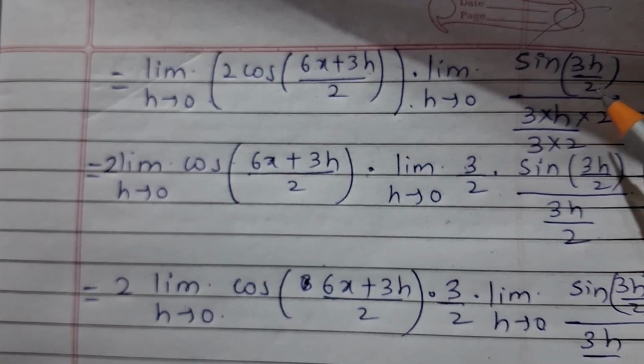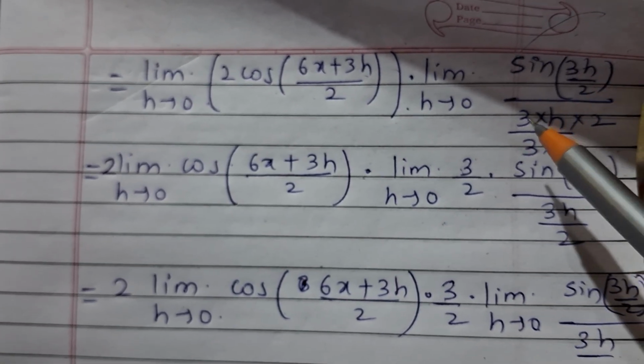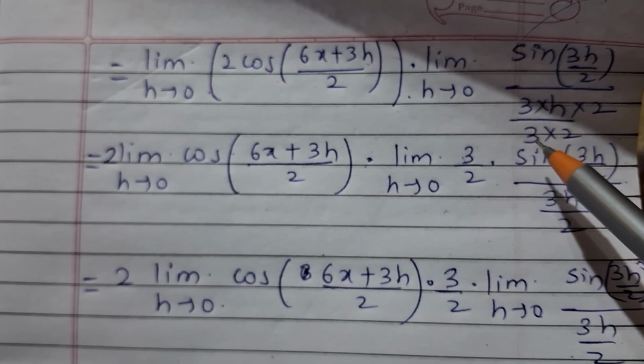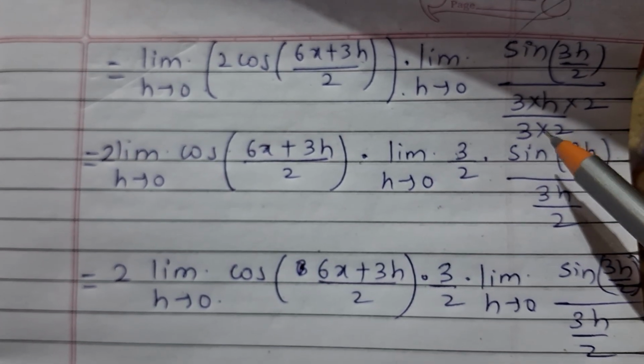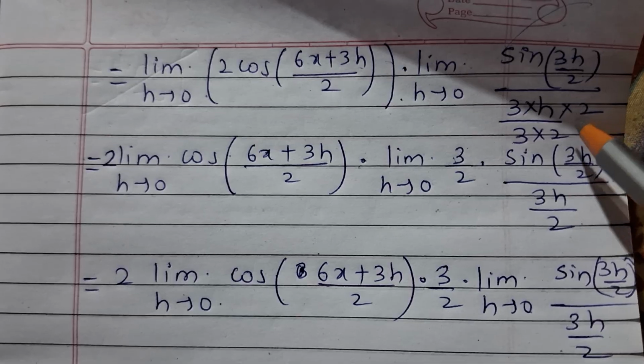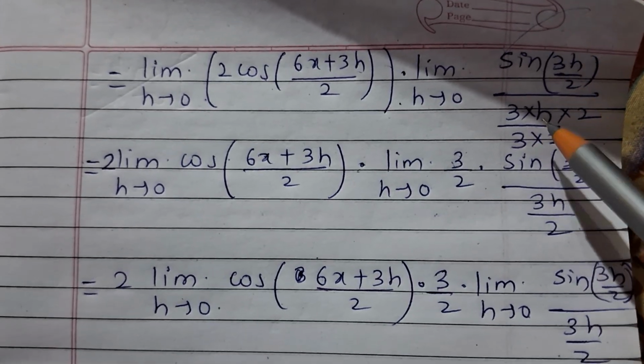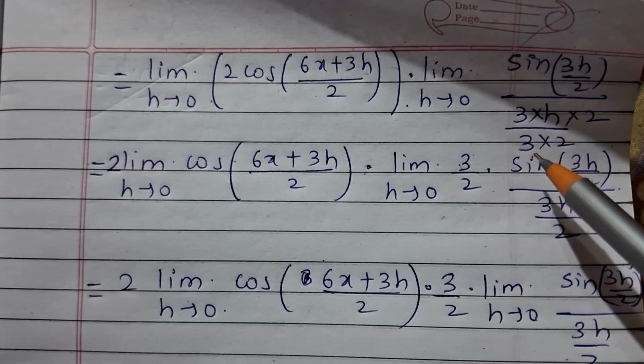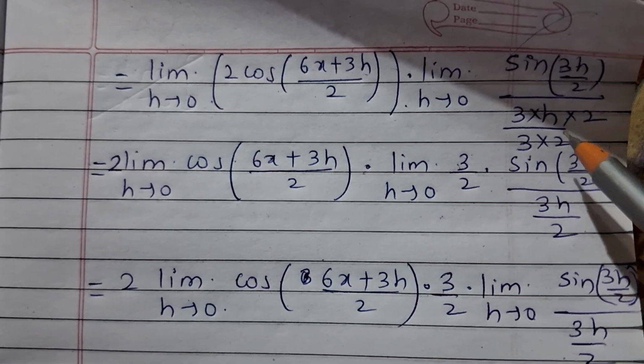If you multiply by 3, you then have to divide, so we multiply by 3 upon 2 in h, which makes it 2 upon 3, so 3h upon 2.